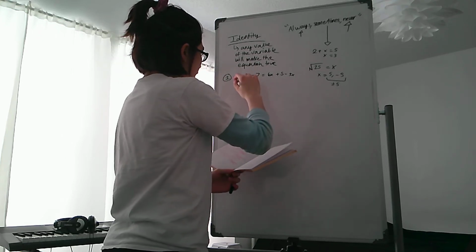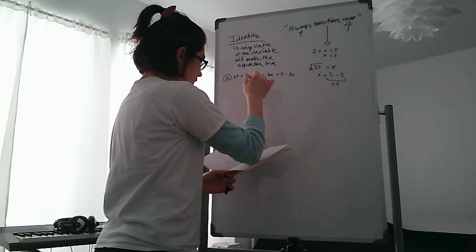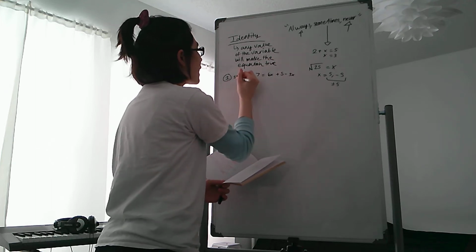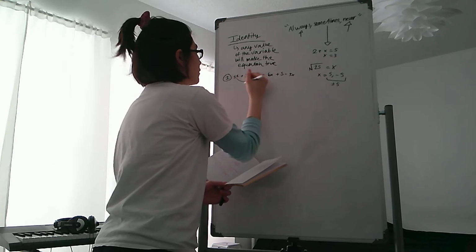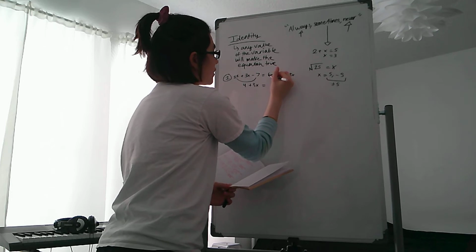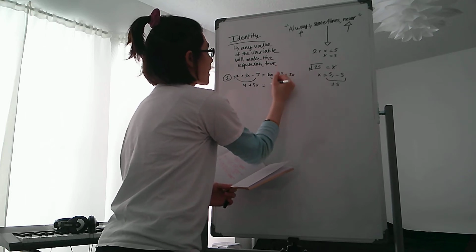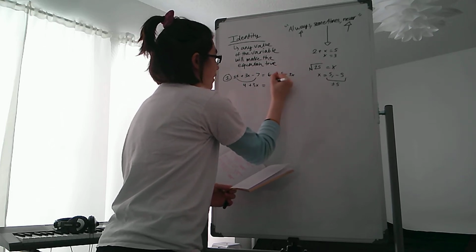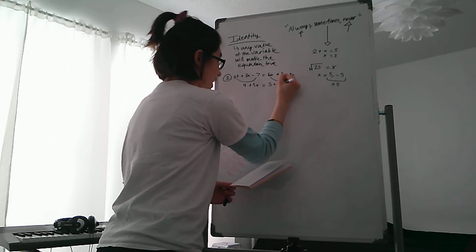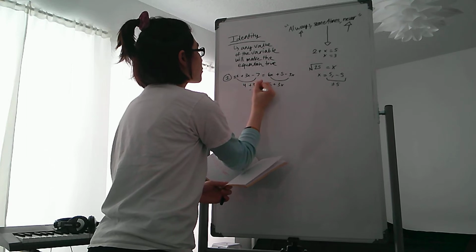So 11 minus 7, that's 4, plus 3x equals, on the other side, 6x minus 3x, and we've got that 5 there. So 6x minus 3x is 3x, of course, and you can just subtract out the 3x's.